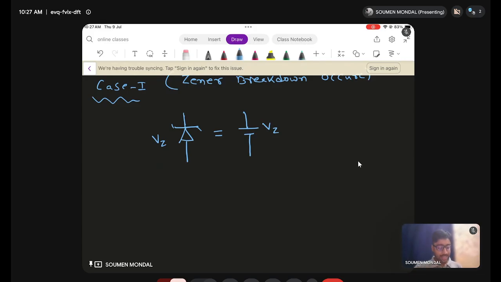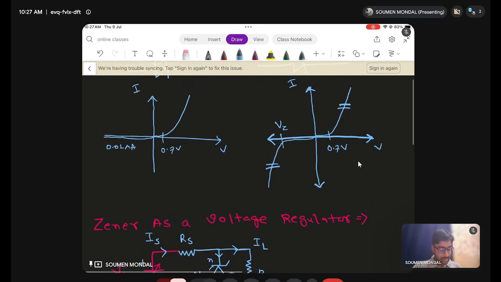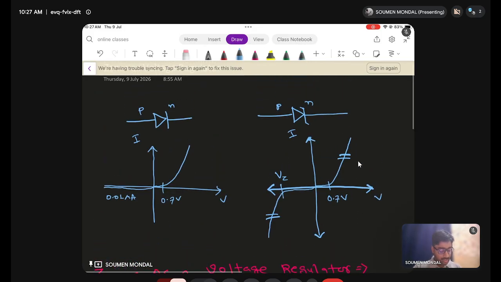So we already see in the IV characteristic that when the voltage across the Zener is Vz, it starts conducting and the voltage remains pretty much constant. Also in forward bias, voltage across the diode remains 0.7, which comes from the barrier potential in the depletion region.